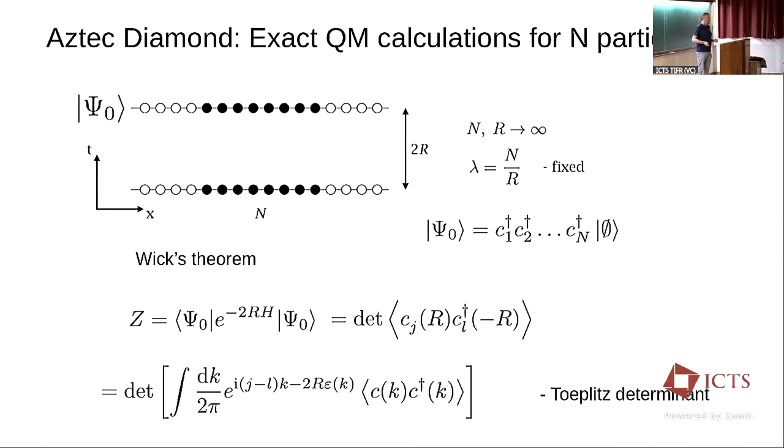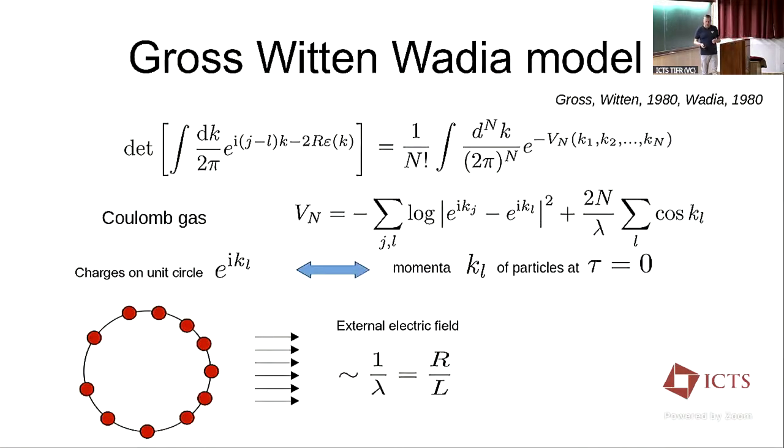We would like to represent the Toeplitz determinant as something which allows asymptotic expansions. Namely, one represents the determinant, by the so-called Andreev identity, as an n-dimensional integral of an exponent having this energy in the exponent, and this energy is nothing but the Coulomb gas: particles on a unit circle interacting via repulsive logarithmic interactions under the action of an external potential.